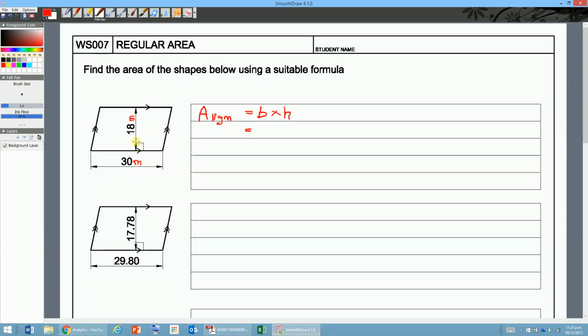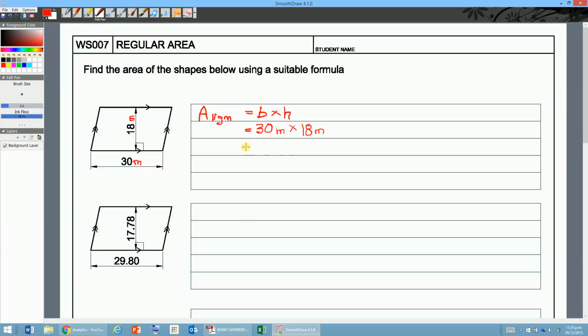And it must be perpendicular, and that's what this little thing here indicates. So in this case, the base is 30 meters, and the height is 18 meters.